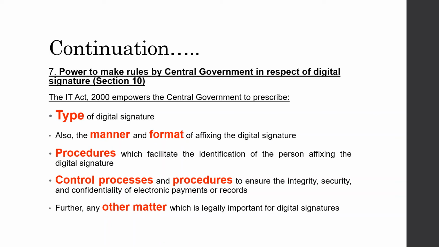So whatever electronic payment or records you are maintaining by affixing your DSC, the control process and procedure which ensures the integrity, security and confidentiality can also be made by the CG. Further, any other matter which is legally important relating to digital signature can be decided by central government.